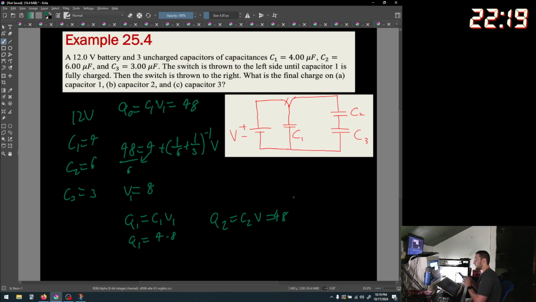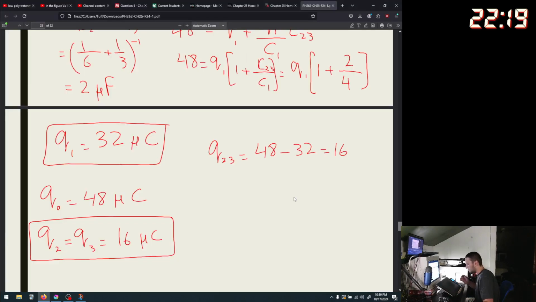And then C3 is going to be 3 times 8, meaning 24. 48 minus 24 is not 16. 24.